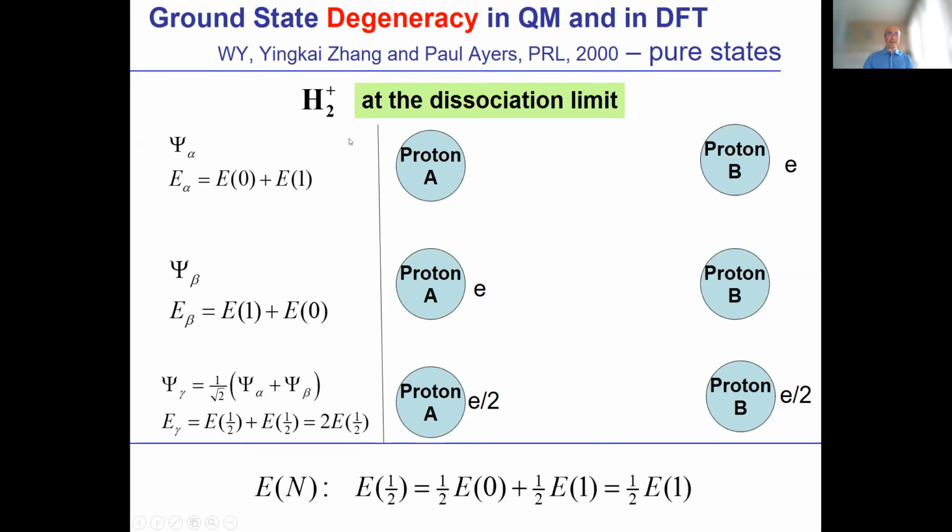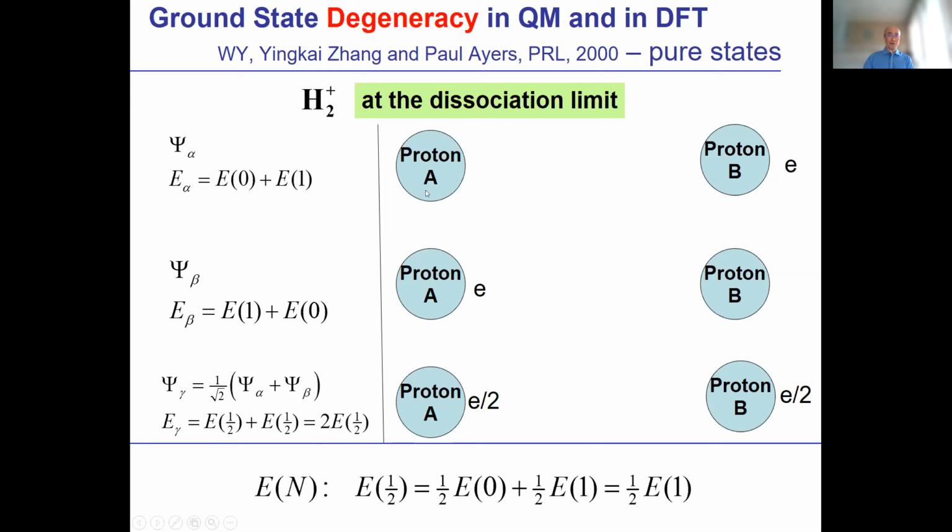Consider the simple case of the hydrogen molecular ion, two protons with one electron, at the dissociation limit. We can have a proton at position A, proton B with the electron bound to B, or you can have a degenerate solution where the electron is bound to A. And these two are separated by infinity, so that they're degenerate.